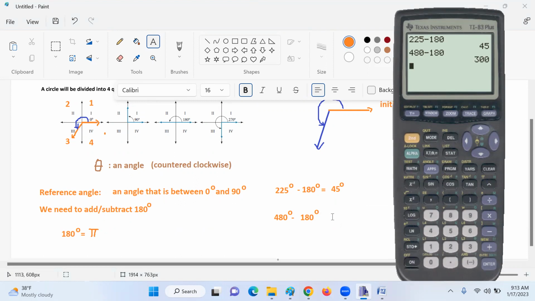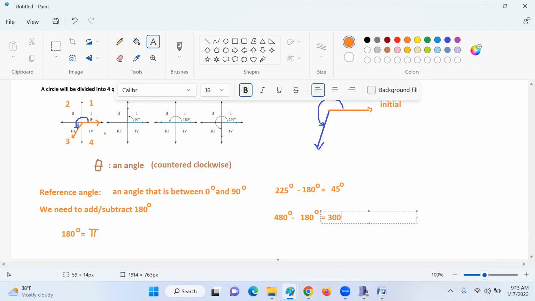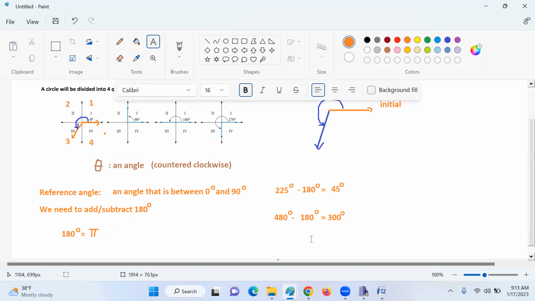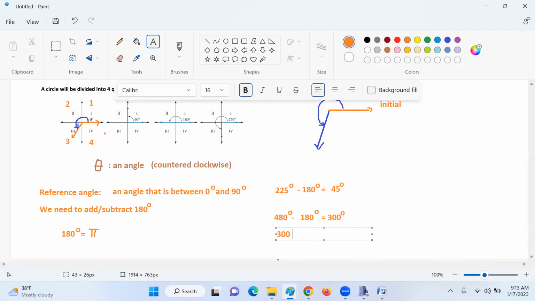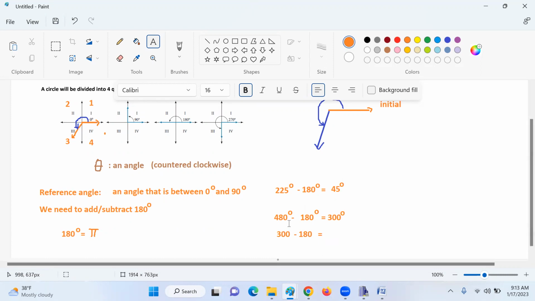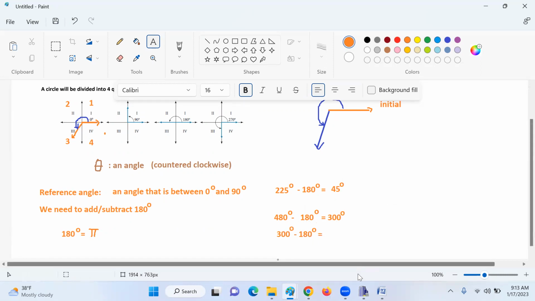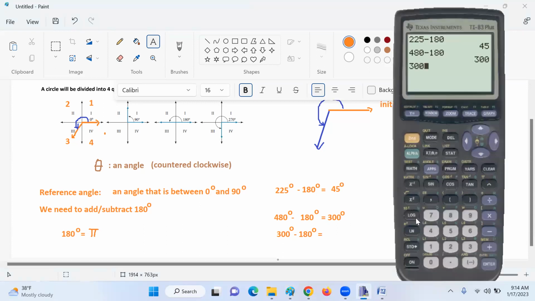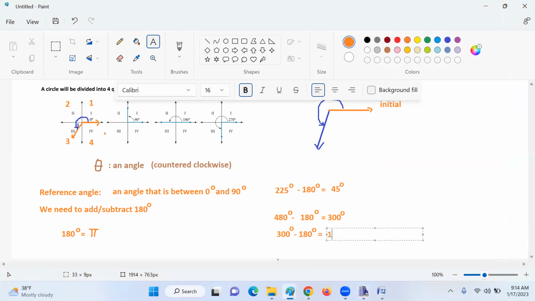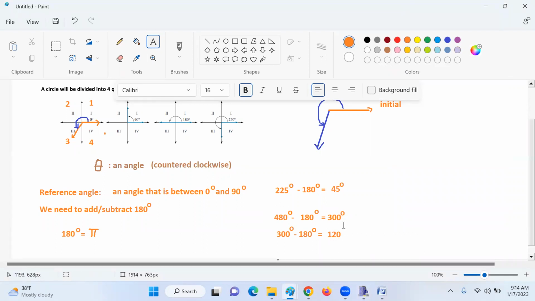That number is still really big, and then we keep going to subtract. Okay, so 300 minus 180. So we can see how it looks. That is 120.